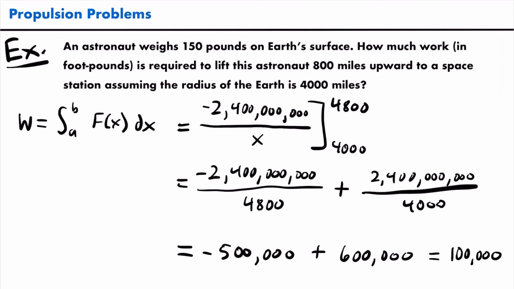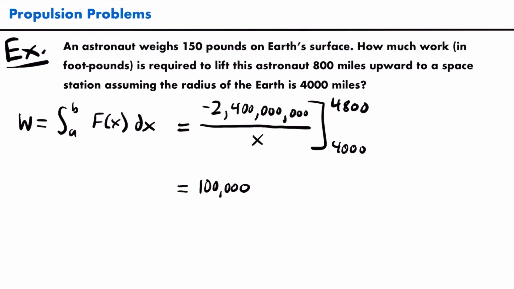And so if I clean up my work here, positive 100,000 will be measured in mile pounds, since we are working with pounds and miles, and we didn't change any of those units. But remember that our problem wants our answer in foot-pounds, and so we need to make that conversion, which can be done if you remember that there are 5,280 feet in a mile. Most people don't remember that because it's a very weird number to remember.